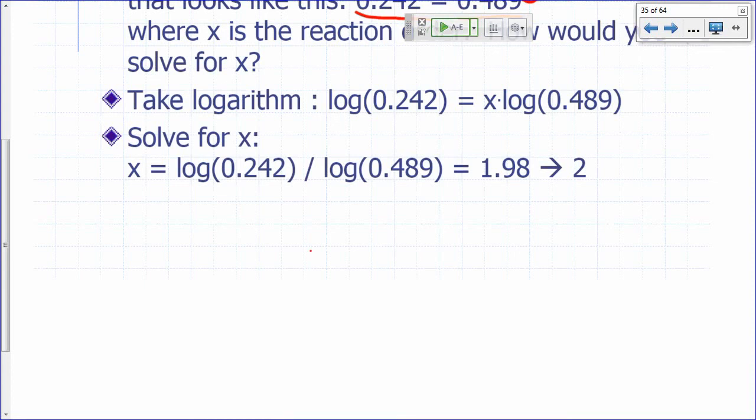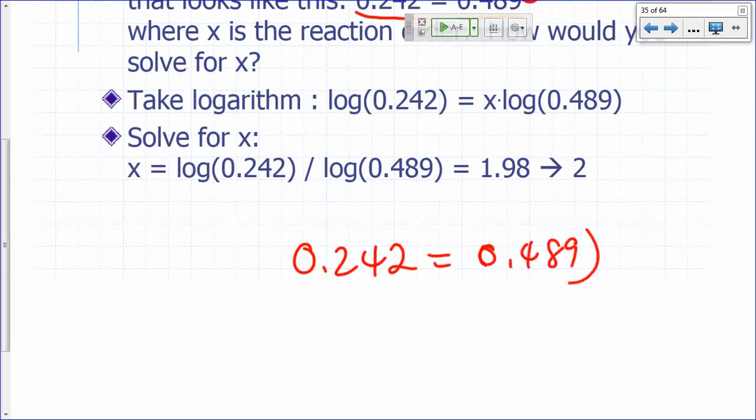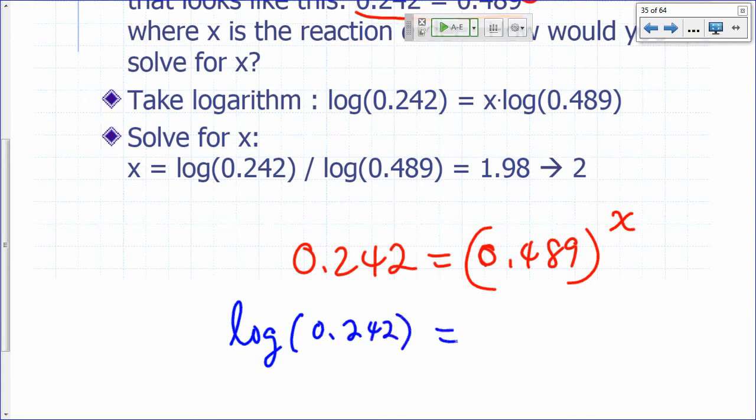So you say 0.242 equals 0.489 in this particular example, raised to the power x. So you take the log of both sides, so you say log of 0.242 equals the logarithm of 0.489 raised to the power x.